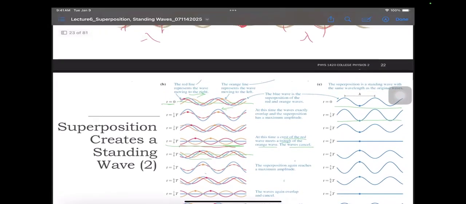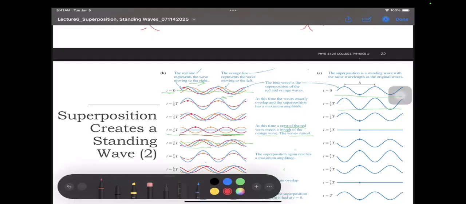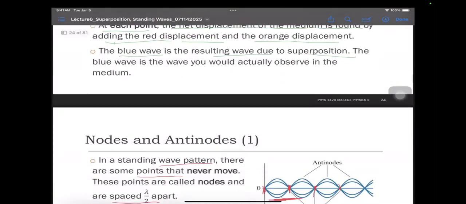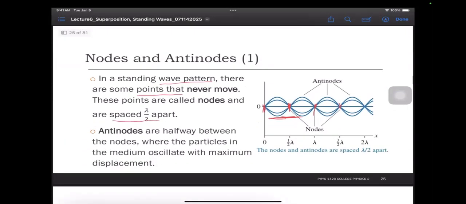Let's talk about here. You can see here there is lambda, which means there are some points, for example here, that will never move. We call them nodes.